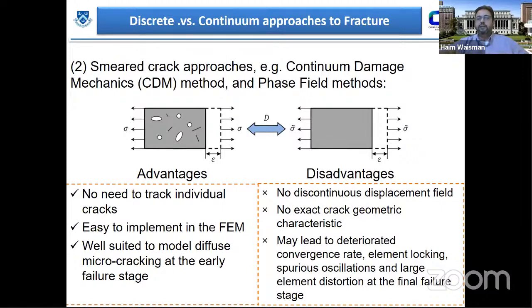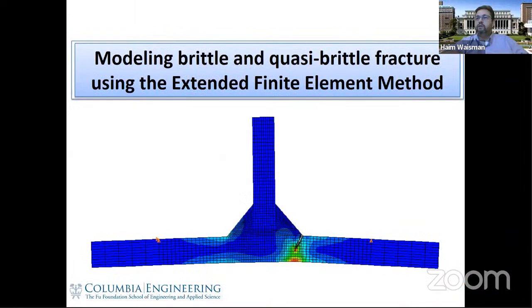So in my presentation, I would like to talk about these two different classes of methods that we have worked on. And I will start first with the discrete formulation approach, and especially talk about brittle and quasi-brittle fracture using the extended finite element method that I've worked on.